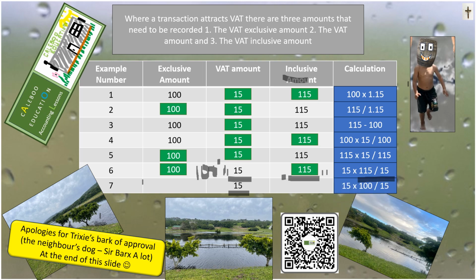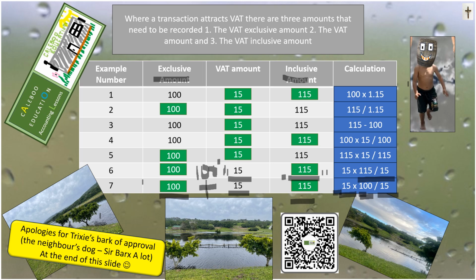We say the VAT amount multiplied by 100 over 15. 100 represents the exclusive amount, and 15, the VAT amount, multiplied by 100 over 15 is equal to 100, and 100 plus 15 is equal to 115.